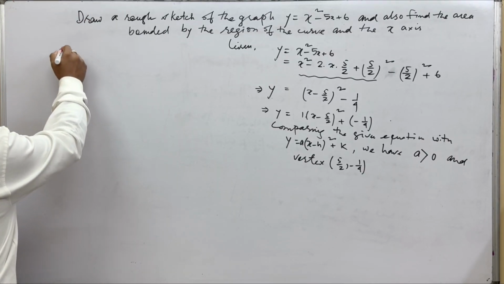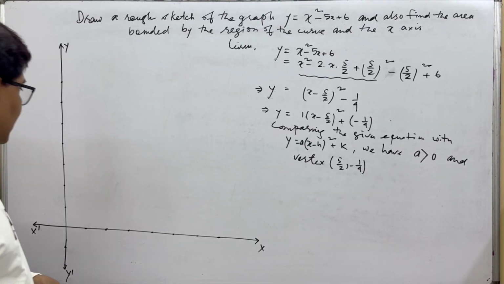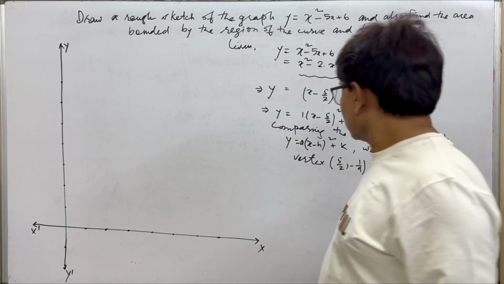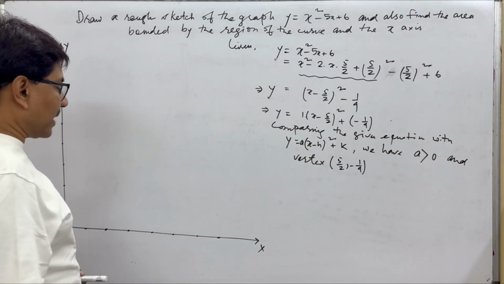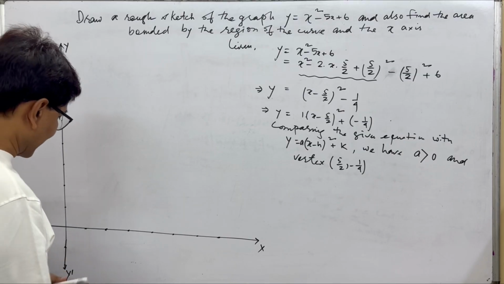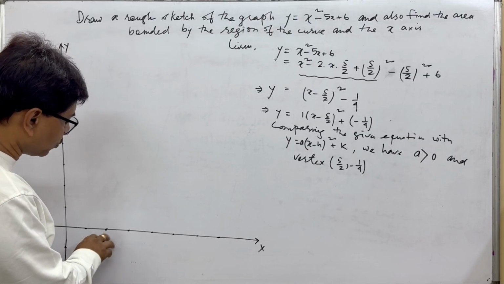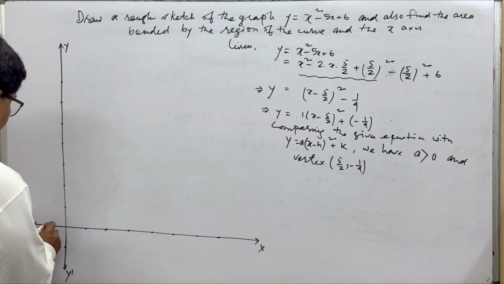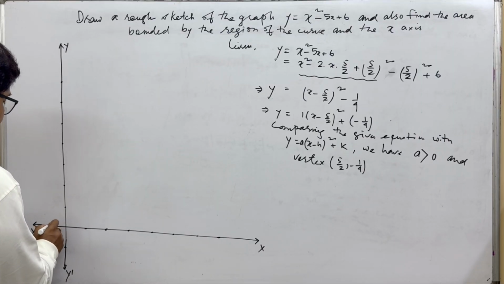See the graph. Now vertex is 5 by 2 comma minus 1 by 4. That means this is 1, 2, 3, minus 1, minus 2, and this side is also minus 1, and it will go this way.